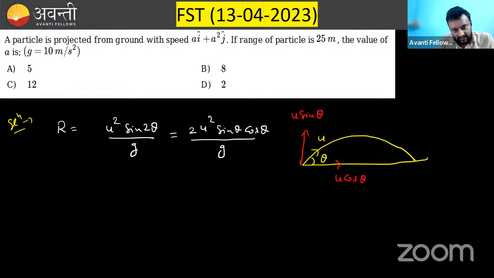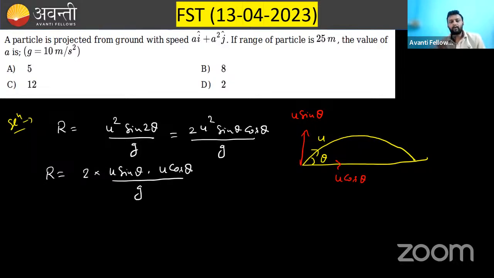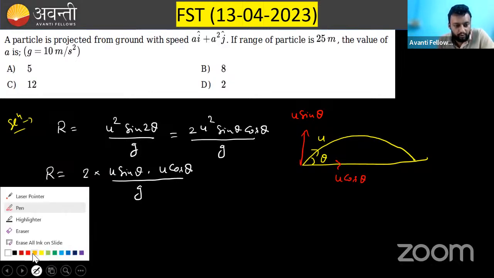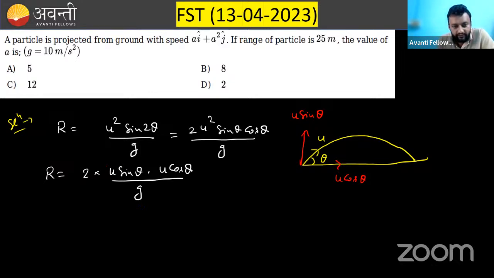Now, I can again write it as R is equal to 2 into u sine theta into u cos theta divided by g. Is there any problem in this? I have made u square as u into u. Now you can clearly see that u sine theta is the vertical component, u cos theta is the horizontal component.